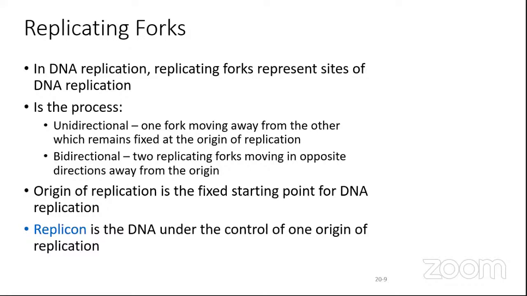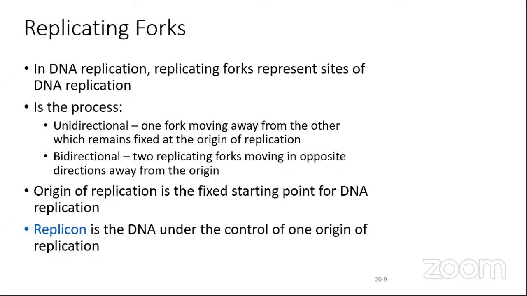Replication forks are the sites where DNA replication starts. This can be either unidirectional or bidirectional. Unidirectional means the synthesis happens in only one direction from the origin of replication. But in bidirectional, you have two replication forks which move in opposite directions.